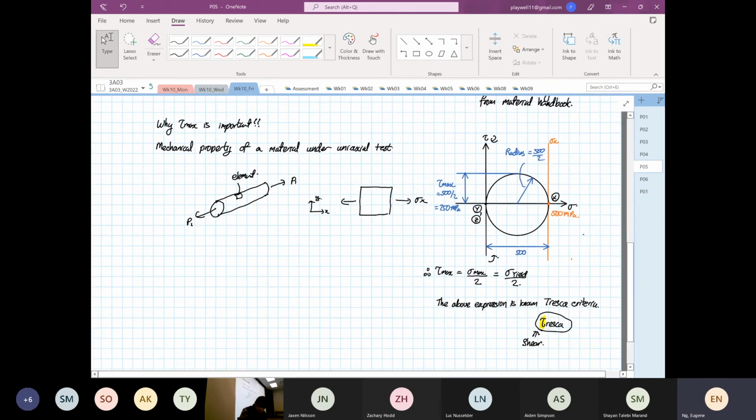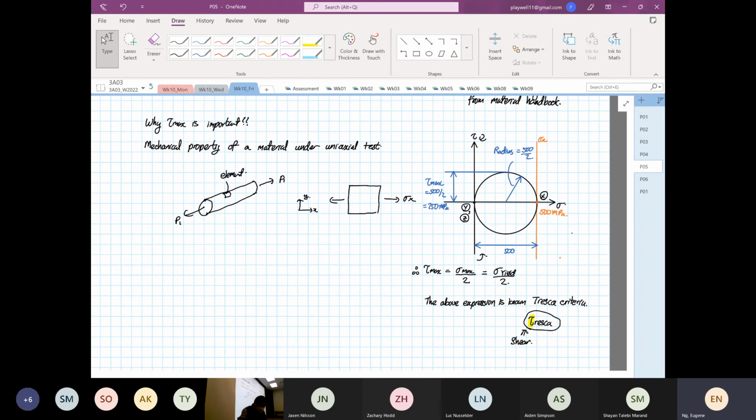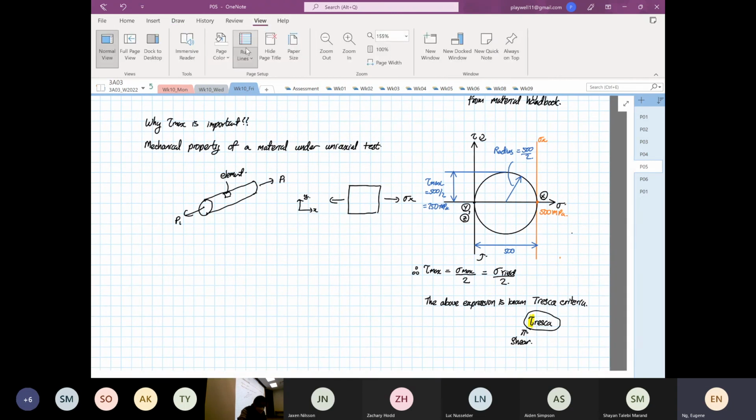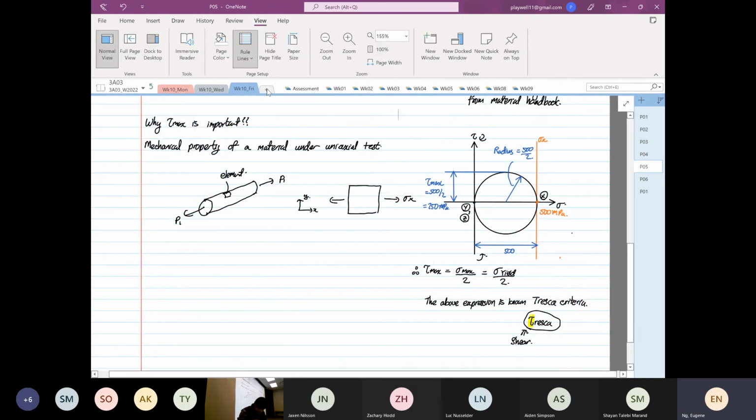I think I better zoom out because you guys are having a headache. I'm also having a headache, moving too much, too excited. So we know now that tau max will have a lower magnitude.